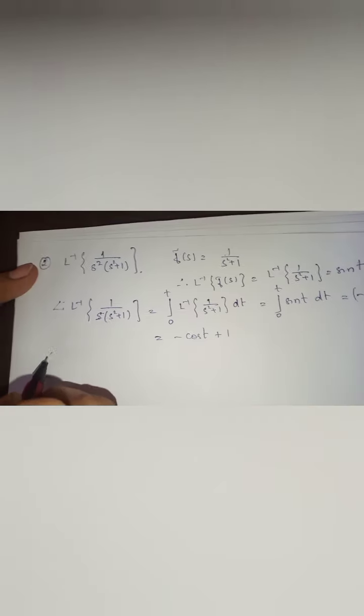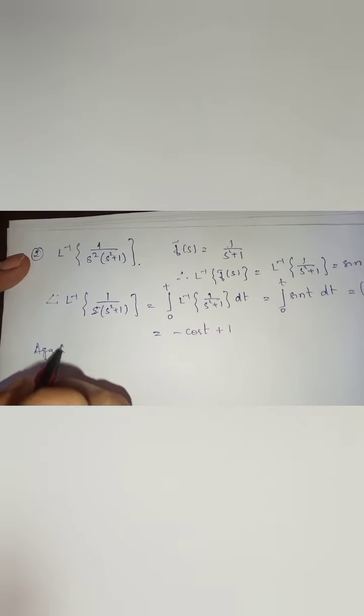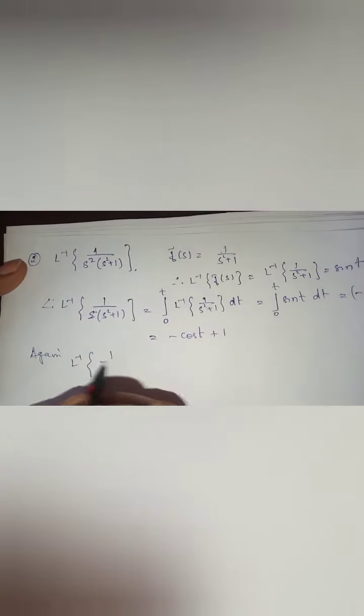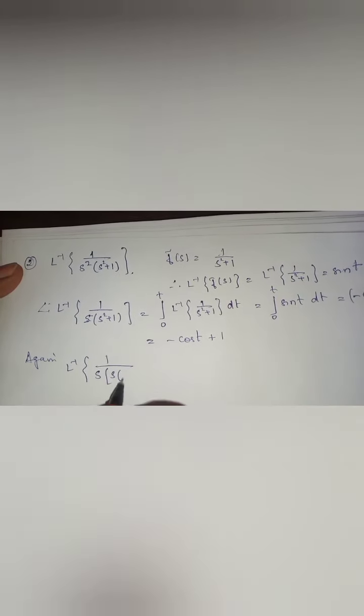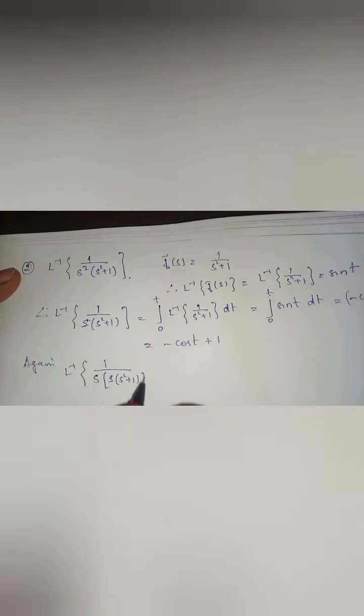The integration of sin t is minus cos t from the limit 0 to t. So this is equal to minus cos t plus 1, because cos 0 is 1. Now next, again, the Laplace inverse of 1 by s into s square plus 1 we have to do again, because it is s square there.